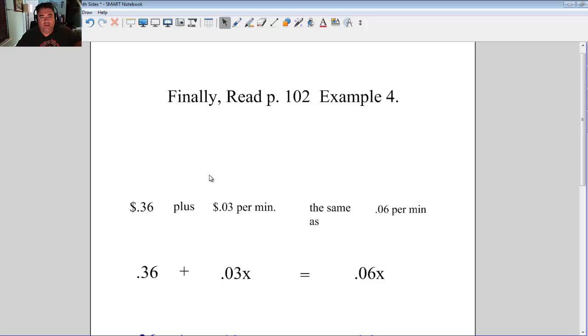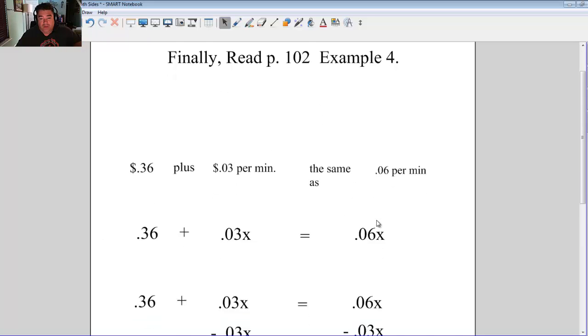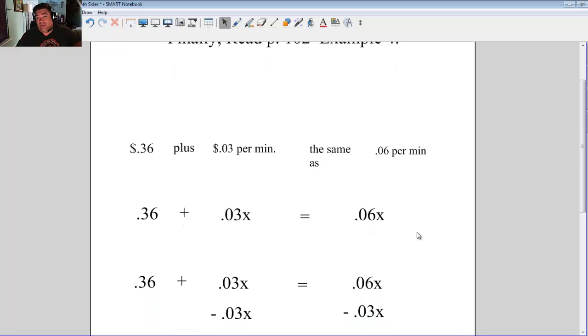So anyway, here you have a case where it's 36 cents plus 3 cents a minute, or here 6 cents a minute, find out where they equal out at. So I have two variables, I have to get rid of one of them. So instead of plus 0.03, I'm going to minus 0.03. And by the way, if it helps you, if this completely throws you off, times everything by 100 to begin with and get 36 plus 3x equals 6x if you need.